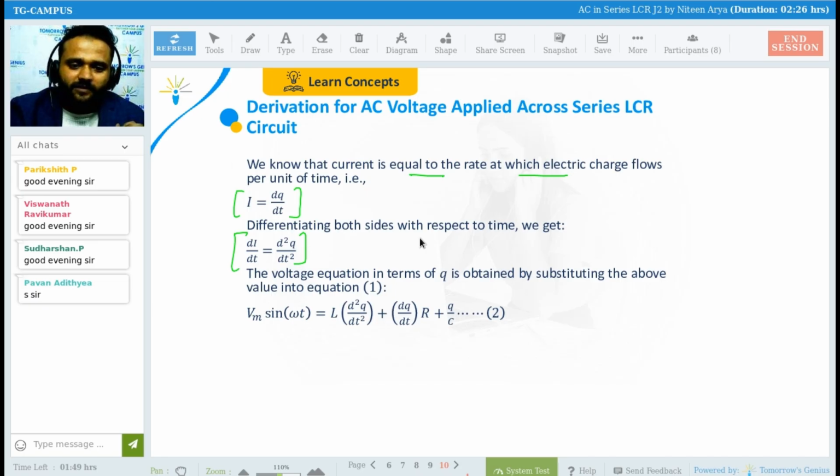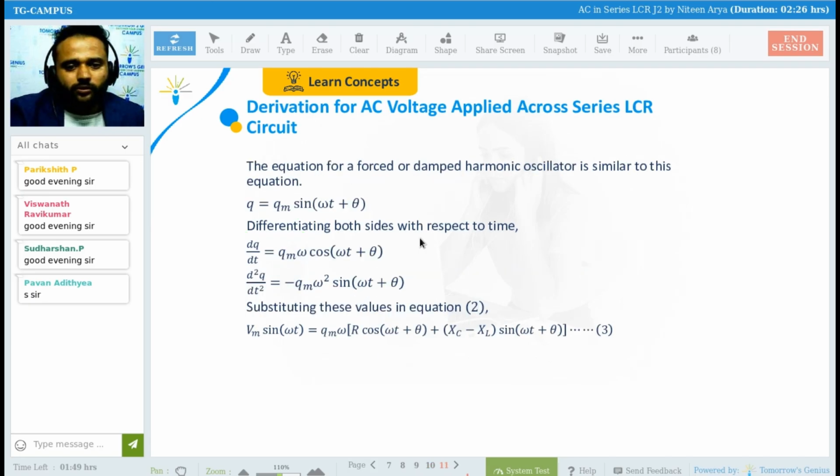Till now we are just rearranging, writing equation 1 in the form of q instead of I, because charge is the basic quantity.